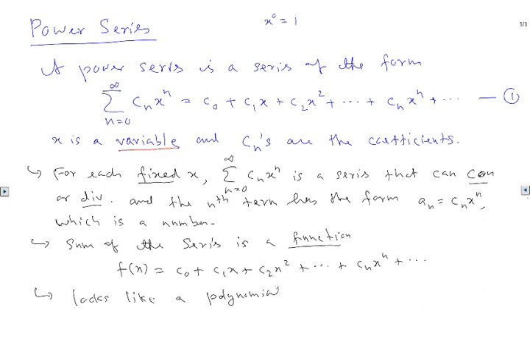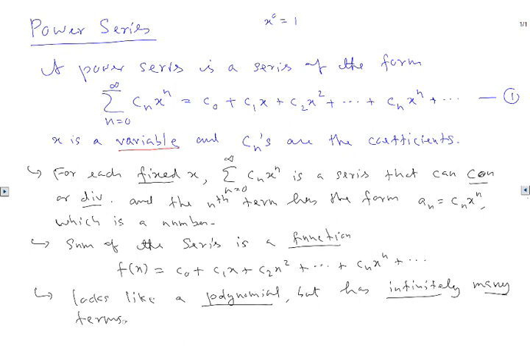A polynomial has to stop at a certain degree. This is not a polynomial, but has infinitely many terms. If you have a polynomial, we say degree 3 polynomial, degree 4 polynomial, but this is not a polynomial because the degree is infinite.